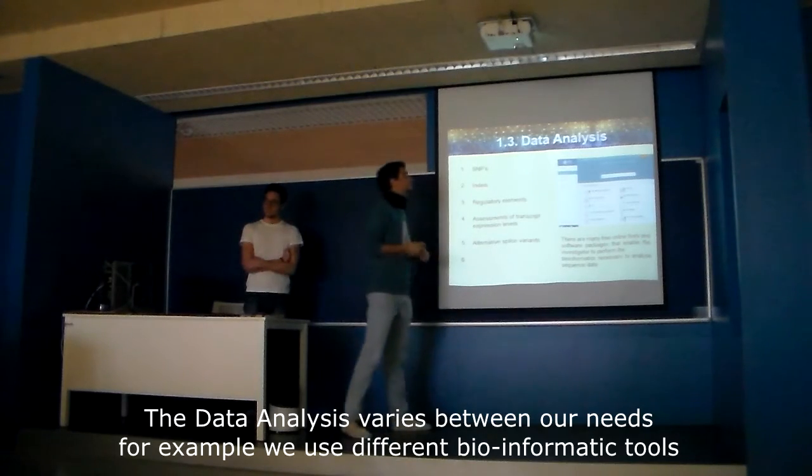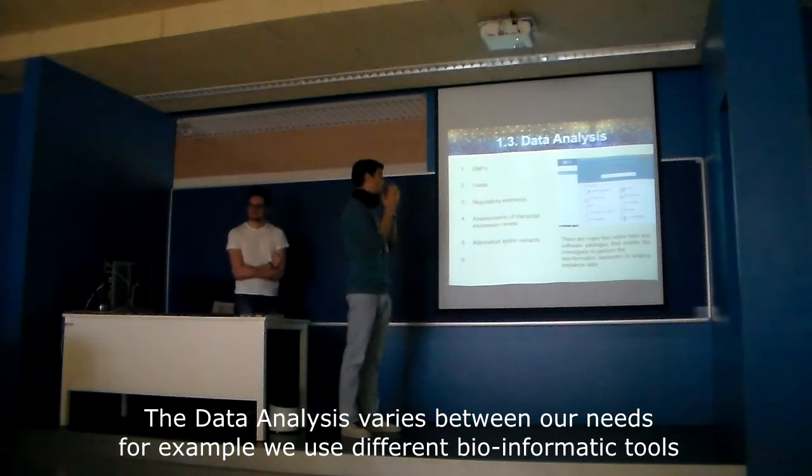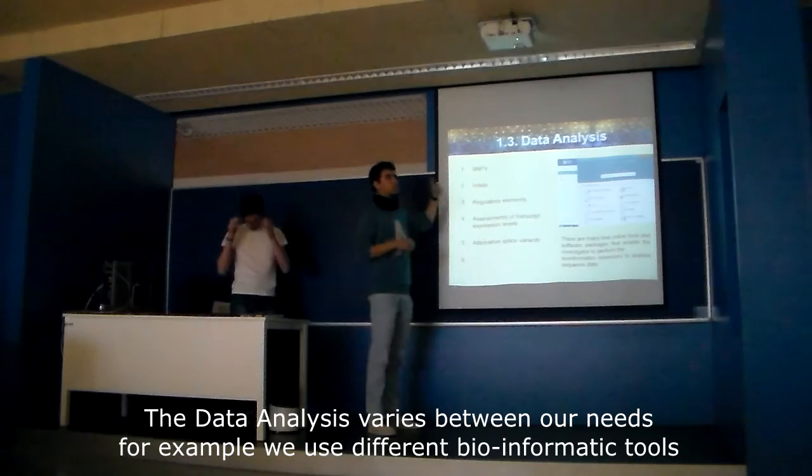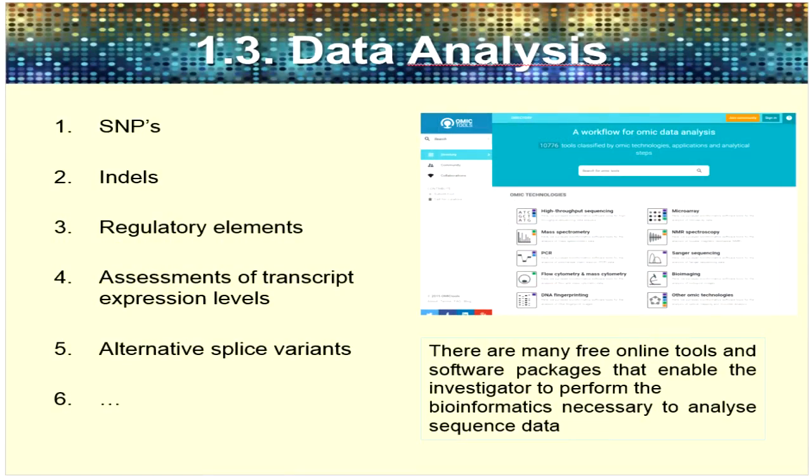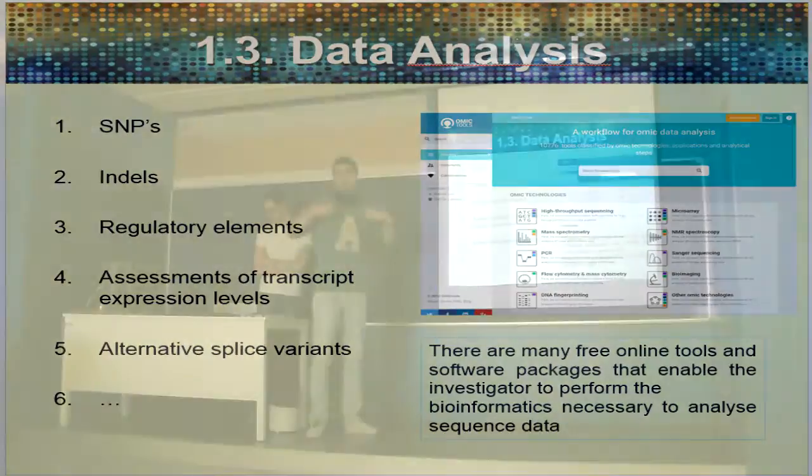The data analysis varies depending on our needs. For example, we use different bioinformatic tools for SNPs, another for indels, another for regulatory elements, and so on. We can get free software on the internet. For example, OMICtools is a platform available online, and we get what we need.